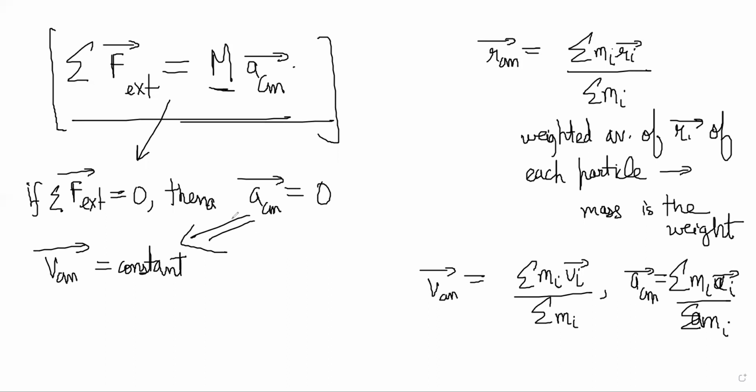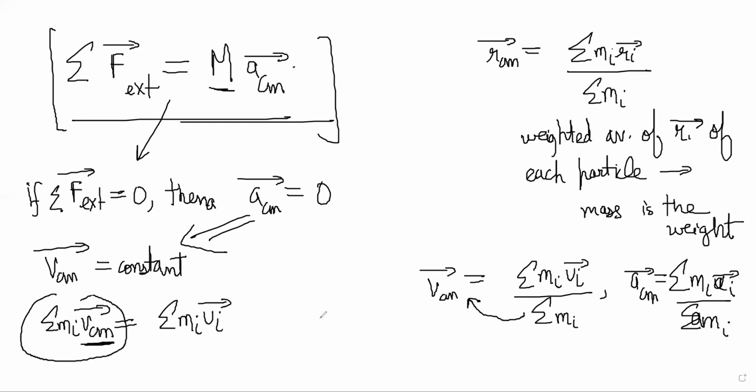So that immediately means that you have constant velocity of center of mass. And look at this center of mass definition. That means you can multiply this here and say summation of mi VCM is equal to summation of mi vi. And if VCM is constant, then this whole left hand side is constant, because it is just M into VCM, right, is equal to constant.